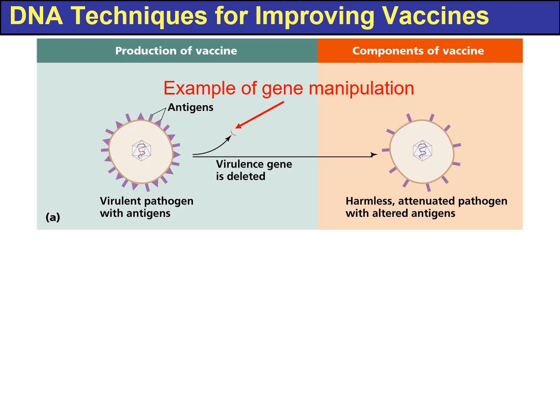Let's say we're talking about staph or strep that causes endocarditis. This is where the bacteria is able to stick to the heart valve. So let's say it sticks because of that triangle. But now I can delete the gene that makes that triangle. Now if you look to the right, when that bacteria grows, it's harmless. It has been weakened because it no longer produces the triangle. It's still living, but it's not harmful now.